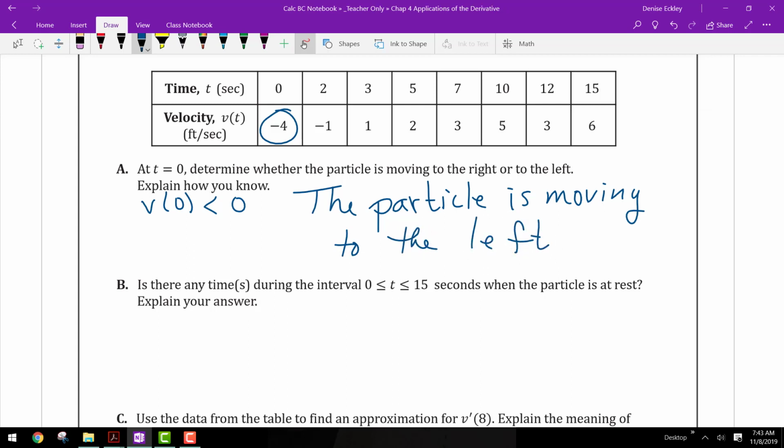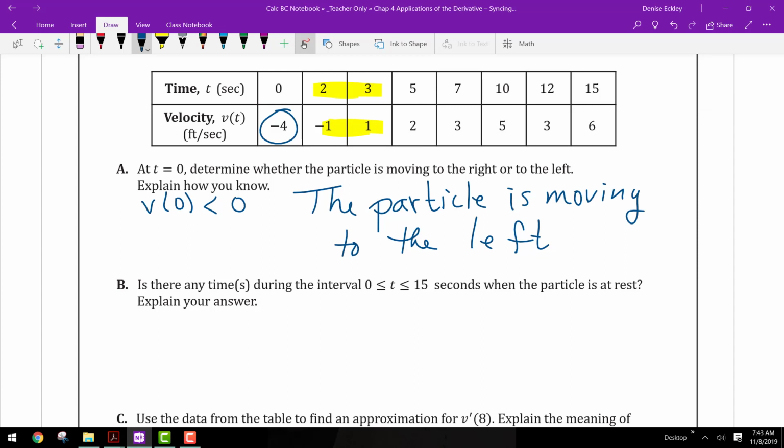Okay, part B. Is there any time or times during the interval in 15 seconds that's given when the particle is at rest? Explain your answer. What you'll notice here is between 2 and 3 seconds, the velocity changes from negative to positive. So that's when the particle is going to be at rest.